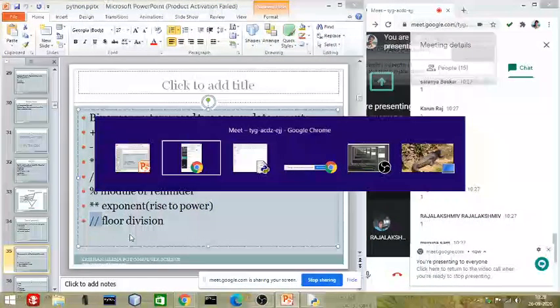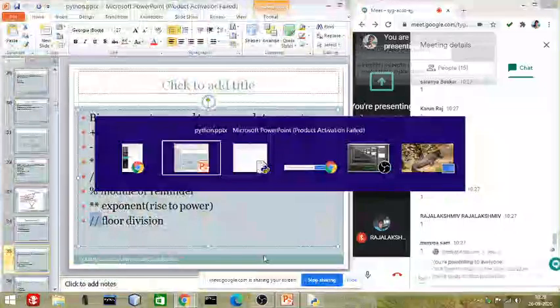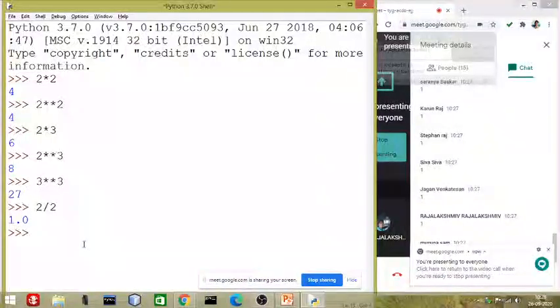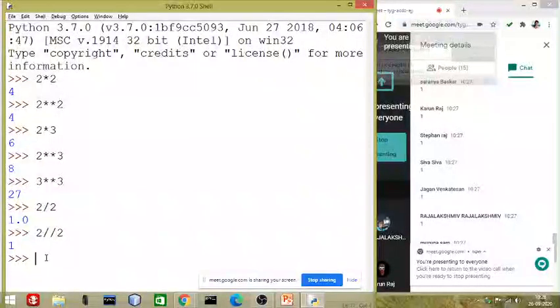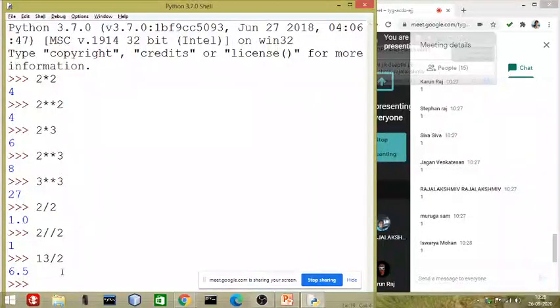Now let us see what type of result will be given by floor division. So you have to write 2 double slash 2. You will get the result 1. Compare it. Here when we divide 2 by 2, we are getting the result in decimal, but when we use floor division, we are not getting any decimal value. Again, suppose 13 divided by 2 will give result 6.5. If you divide 13 by 2, we will get the result 6.5.